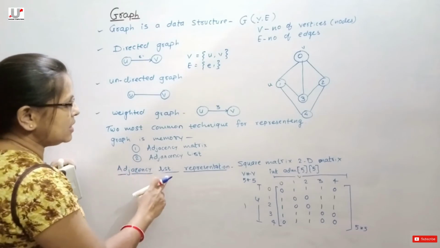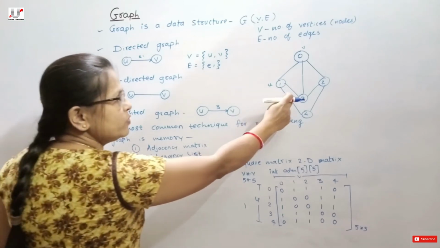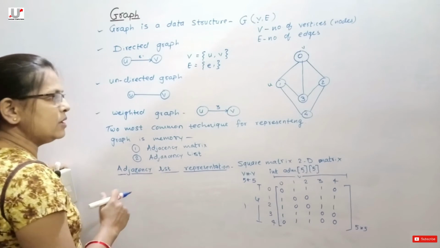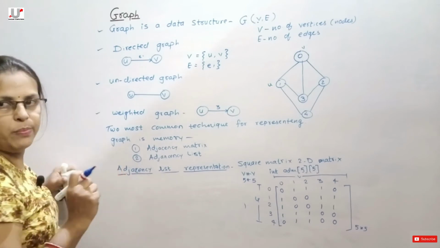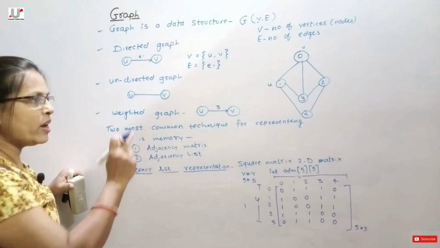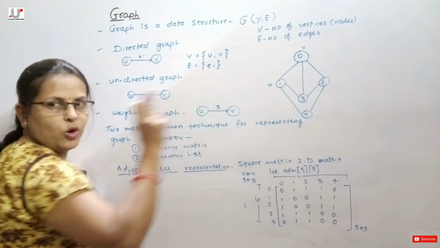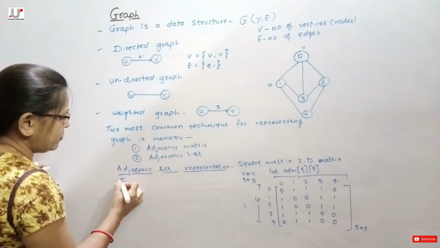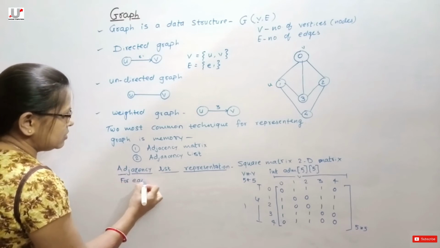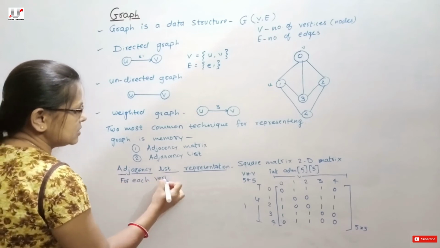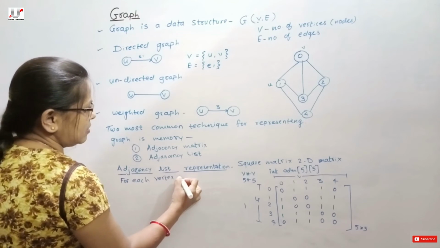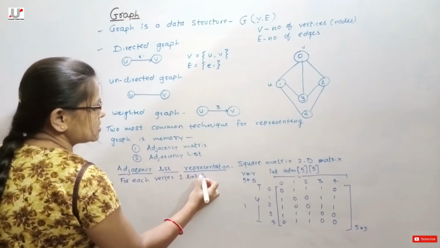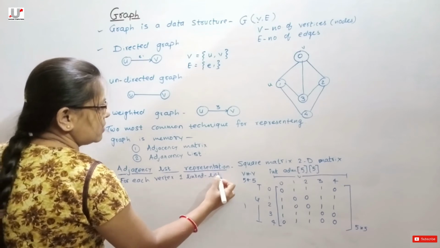Now the adjacency list representation of this graph. To represent the graph using lists, we use the concept of linked list, and for each vertex one linked list is maintained.